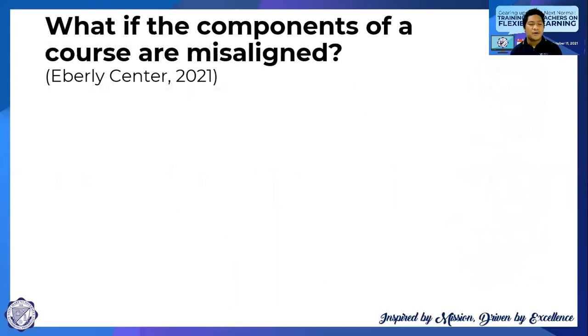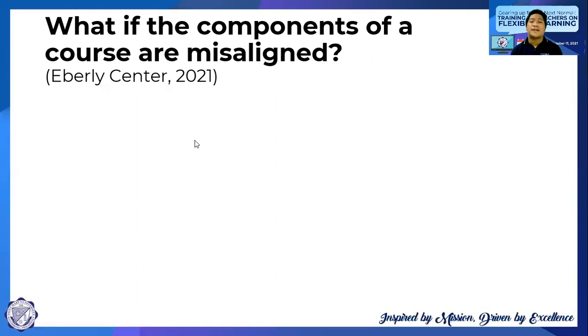process. Now, I strongly believe that the backward design process ensures the alignment of the three components of our teaching and learning process. Now, what if the components of a course are misaligned?